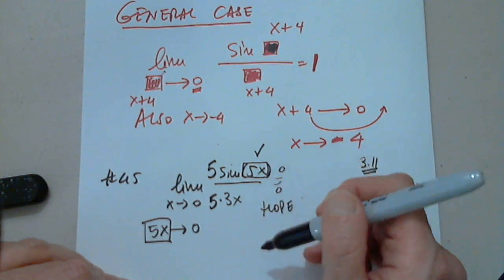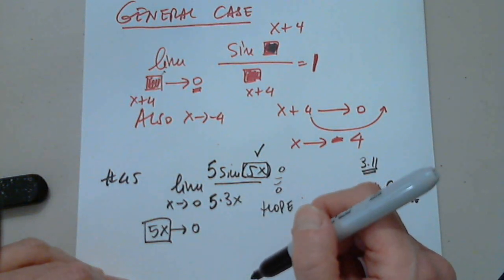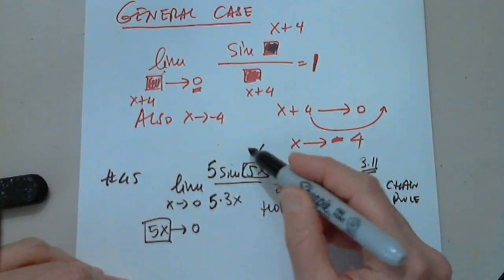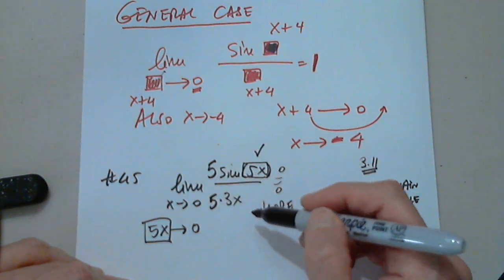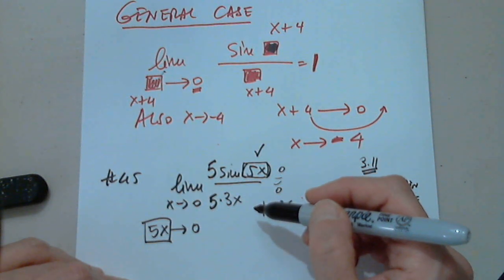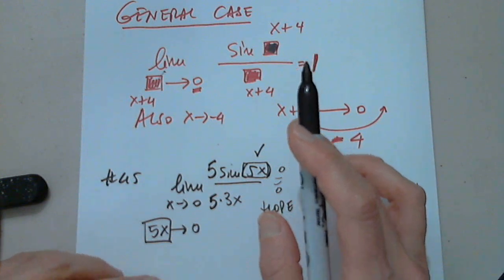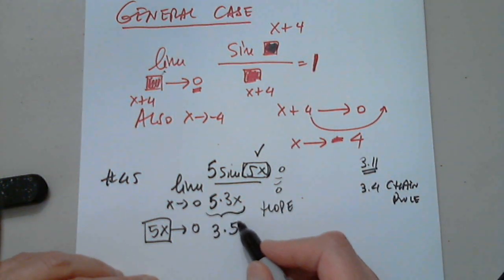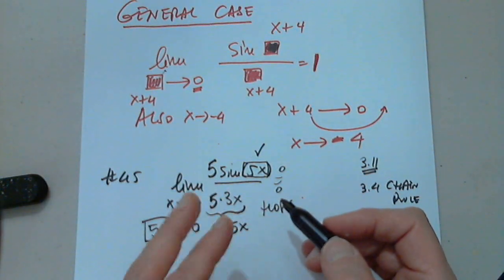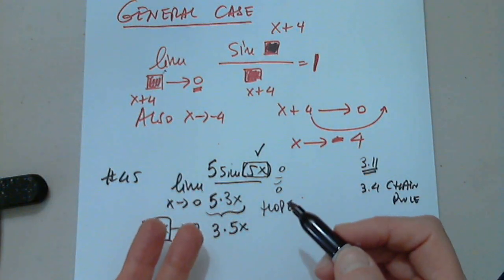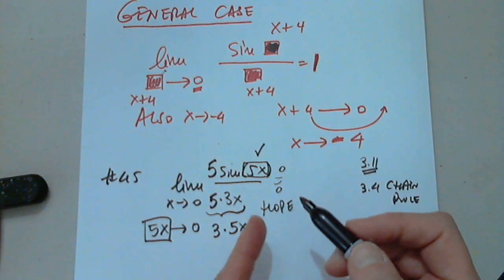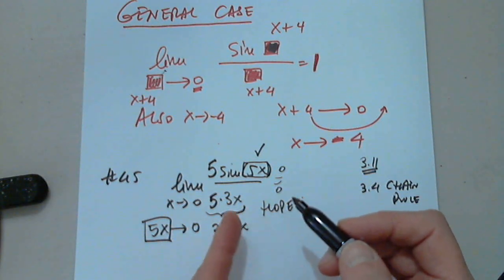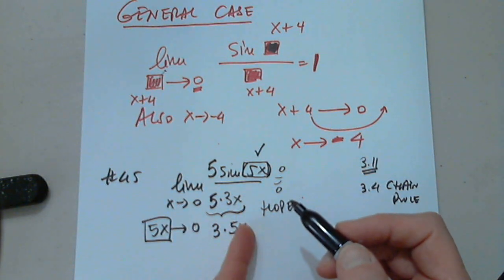But stay with me. I will rearrange this as 3 times 5x. I can swap these two. It doesn't matter. It's a product. 5 times 3 times x is 3 times 5 times x, is x times 5 times 3. It doesn't matter.